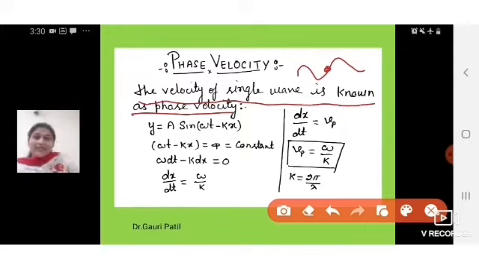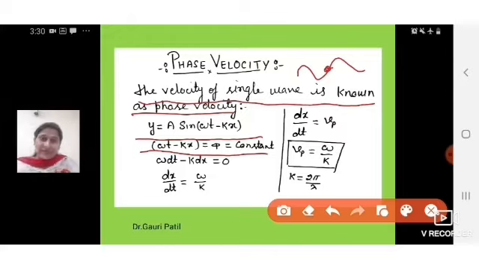So here the equation of this wave is y = A sin(ωt − kx). If this wave is traveling with constant speed, then we can write ωt − kx = φ, which is constant. If we differentiate this with respect to x, then what will we get?